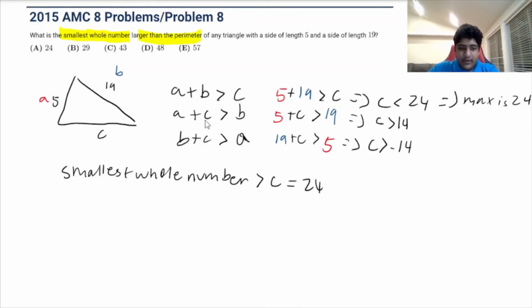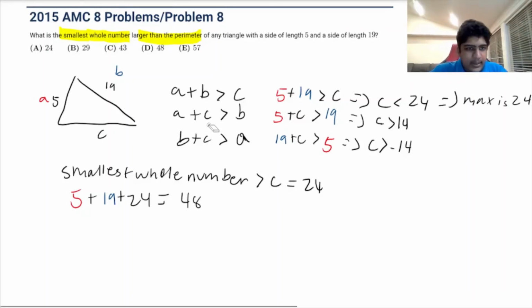So we know that 24 is the smallest whole number that's larger than C. That means the smallest whole number greater than the perimeter is going to be A, which is 5, plus B, which is 19, plus 24, which is equal to 48.